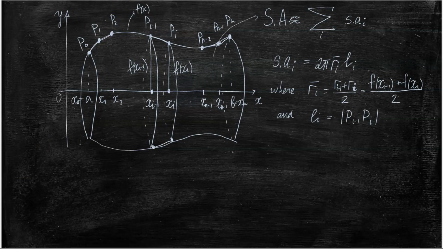To find the arc length of that line segment, we're going to pick a point that satisfies the mean value theorem on that interval, x i star, and we're going to use that x i star to compute this arc length.